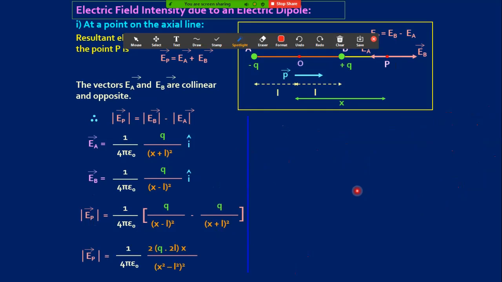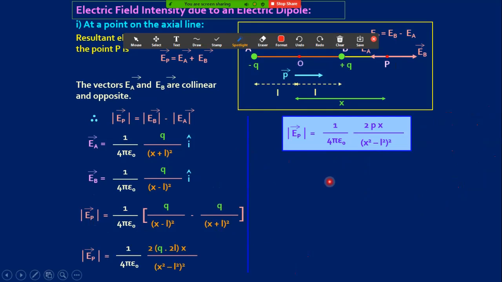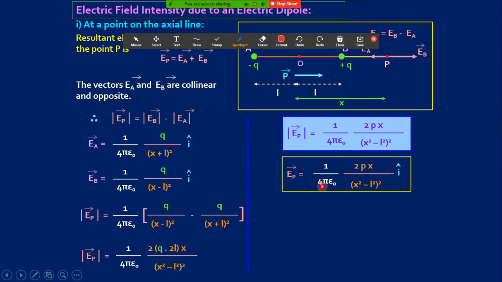our electric field intensity, that is EP = 1 over 4 pi epsilon naught, 2 p x divided by (x square minus L square) whole square. EP is now like that, but there is a condition.